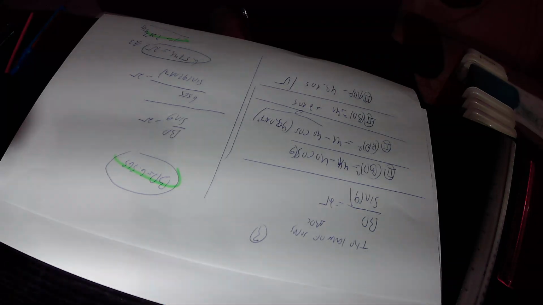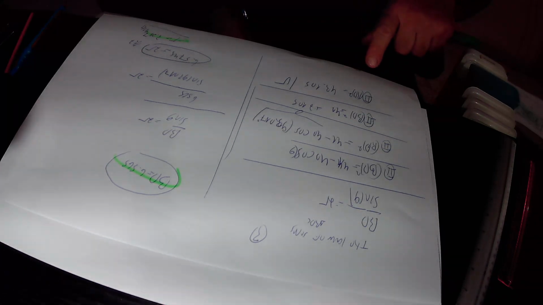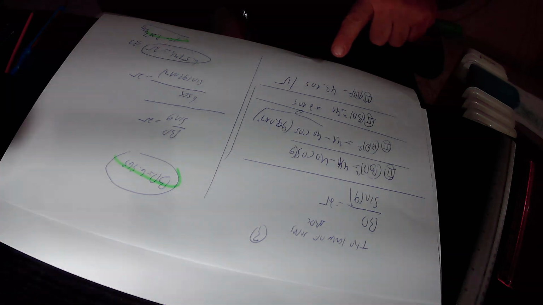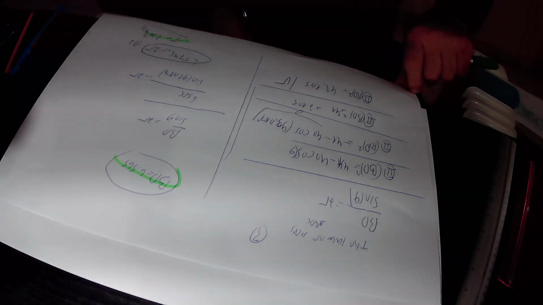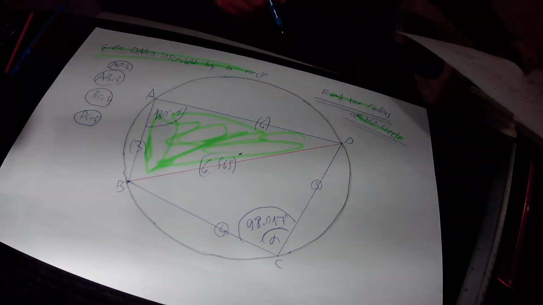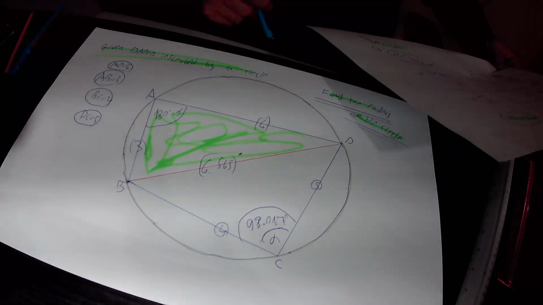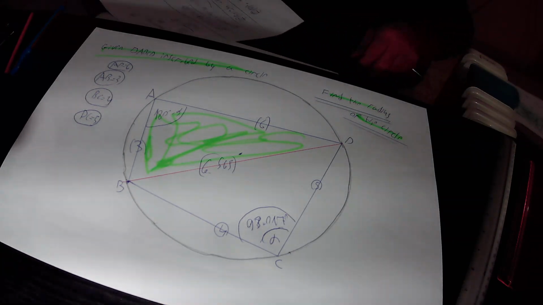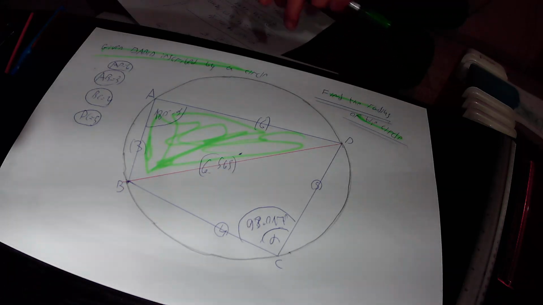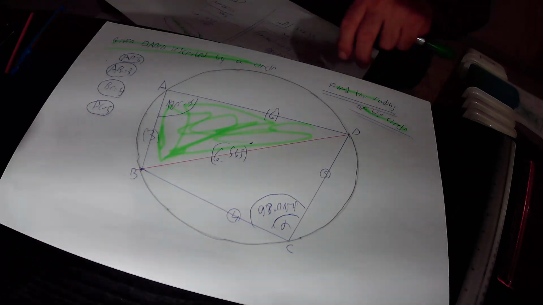So BD squared equals 43.105. We take note of this equation.